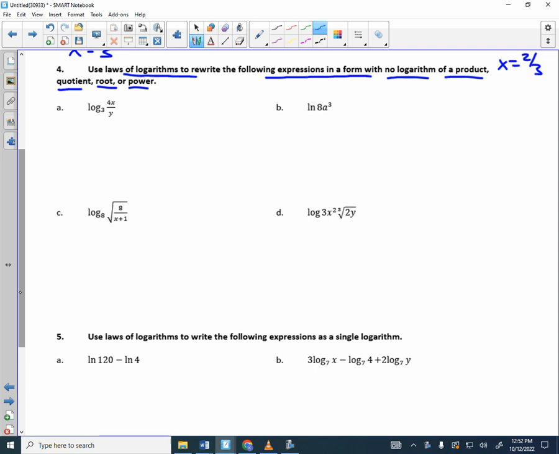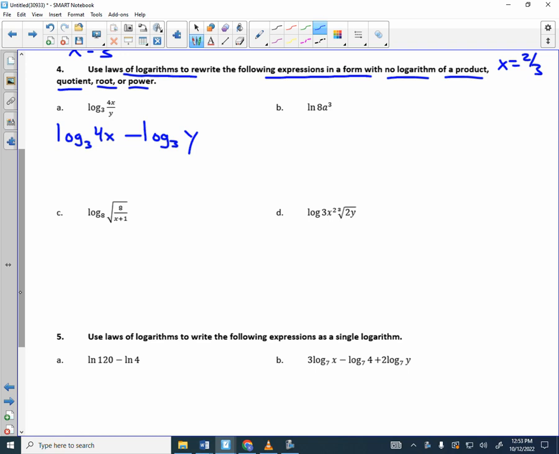And maybe you remember this, that the log base 3 of 4x over y can be written as the log base 3 of 4x minus the log base 3 of y. If I'm dividing, I can rewrite it as subtraction of 2 logarithms. Do you remember that? Yeah.